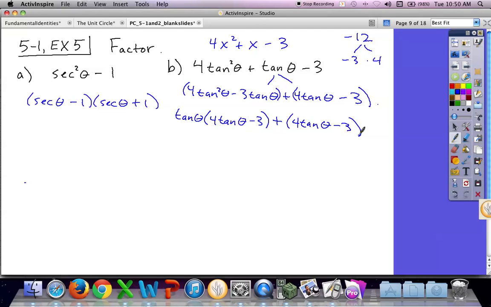And then, as always, in this kind of factoring, at this step, what's in parentheses should be the same. It's two terms. Each have a factor of 4 tan theta minus 3. So the last step is 4 tan theta minus 3 times tan theta plus 1.